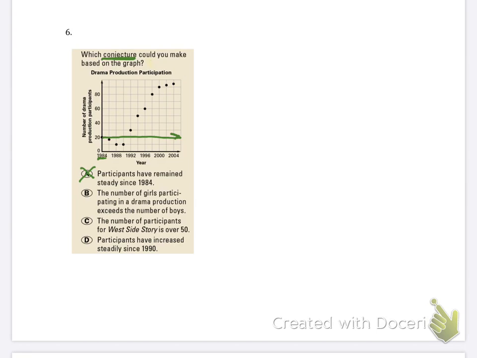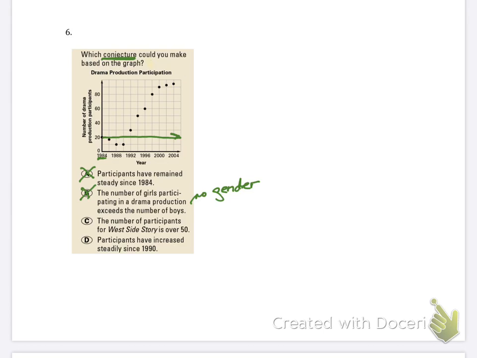I cannot make that conjecture. Okay, let's read B. The number of girls participating in a drama production exceed the number of boys. So I can't say that because there is no gender mentioned here. If they don't talk about gender, I can't talk about gender in my conjecture.